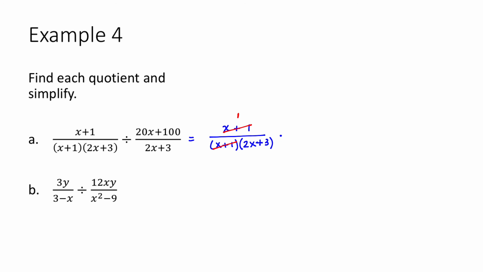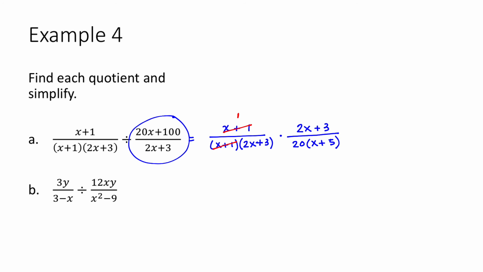And I'm going to flip this fraction. So this is a 2x plus 3 in the numerator. And I'm going to go ahead and factor 20x plus 100. There's a 20 in common. And that leaves me with x plus 5.